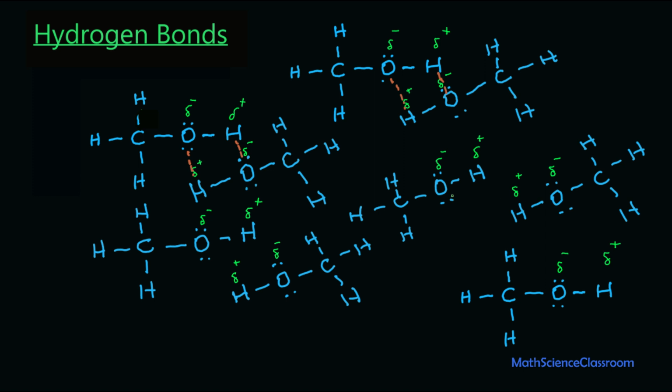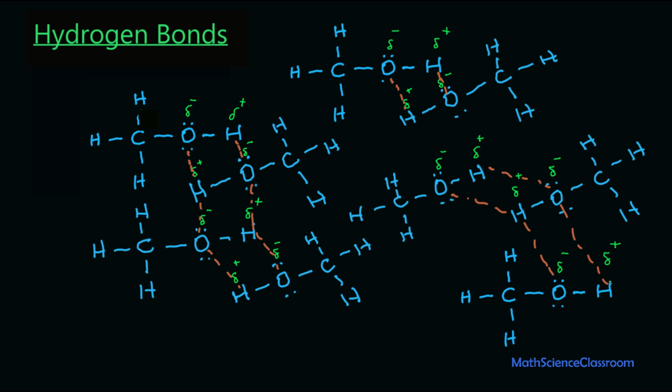Here we have an oxygen and a hydrogen, hydrogen and oxygen. And notice that the hydrogen bonds are only forming where there are partial charges. Something like that. So that gives you a general idea of how the bonds would form.